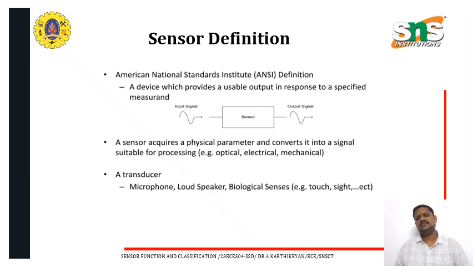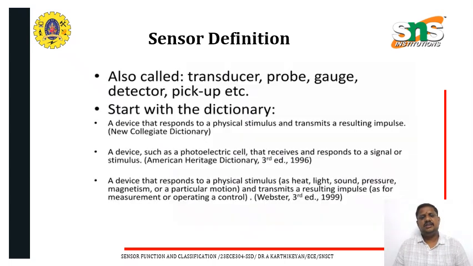And transducers are mainly microphones, loudspeakers, biological sensors, touch sensors, etc. And mainly the transducer or probe is used to detect the function in the physical phenomena. That is the main function of sensors.